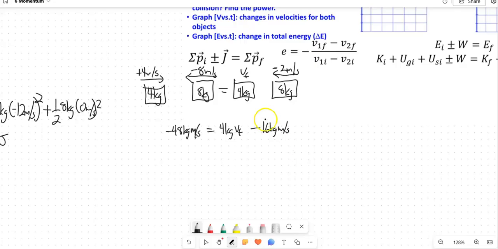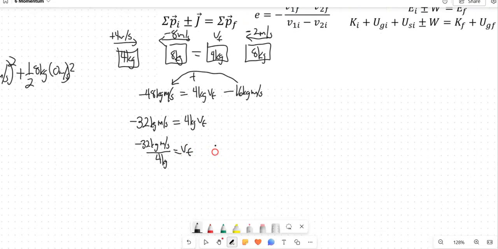So we're going to add this 16 onto the other side. And when we do that, we're going to get negative 32 kilogram meters per second. So, yeah, 32. And that's going to be equal to 4 kilograms V final. So negative 32 kilogram meters per second divided by 4 kilograms, that's going to be equal to V final.